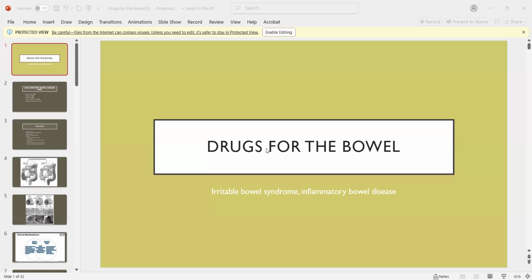Then we have the selective serotonin antagonists. These are probably the most widely used antiemetics in healthcare. So these are going to block the 5-HT3 receptors. And these drugs, as you can see, are used for all kinds of nausea and vomiting.